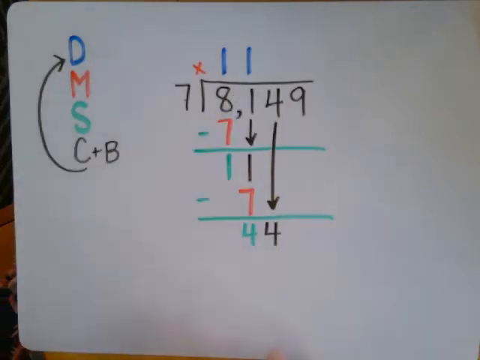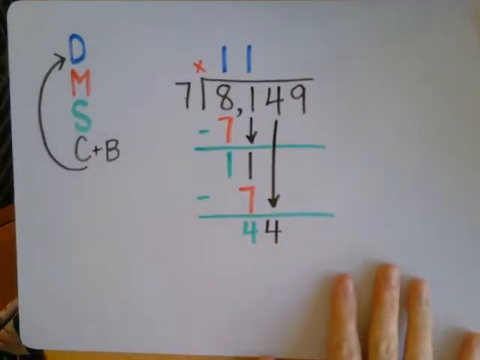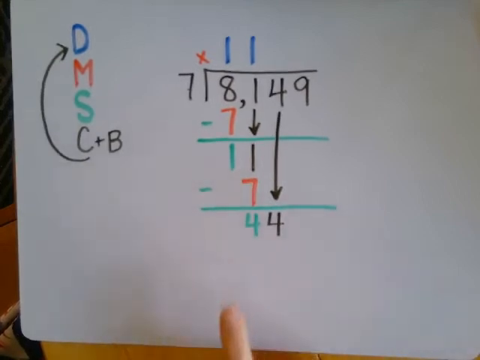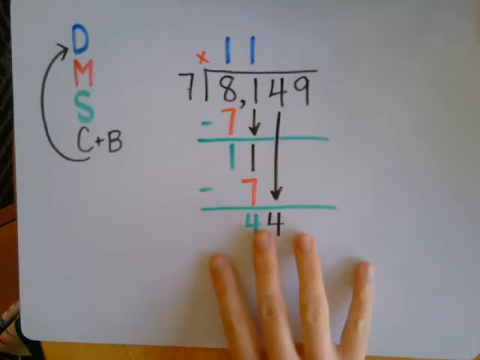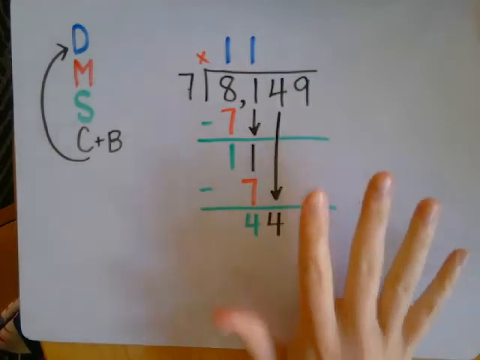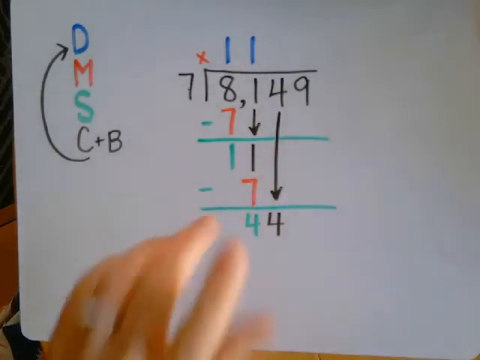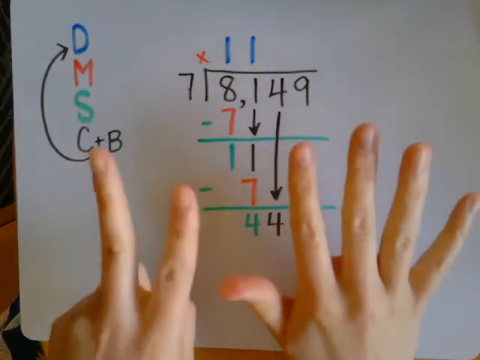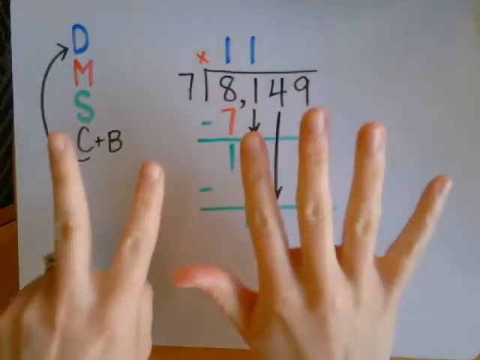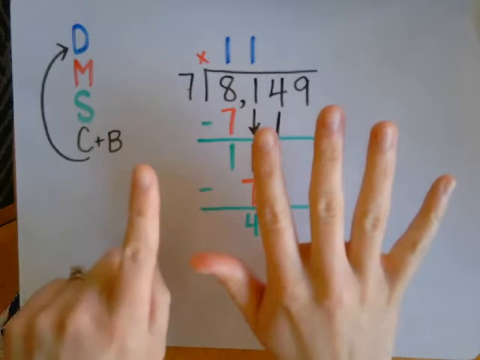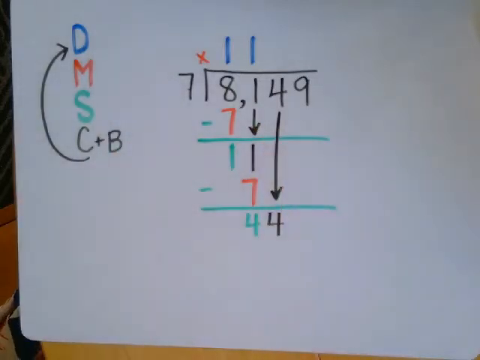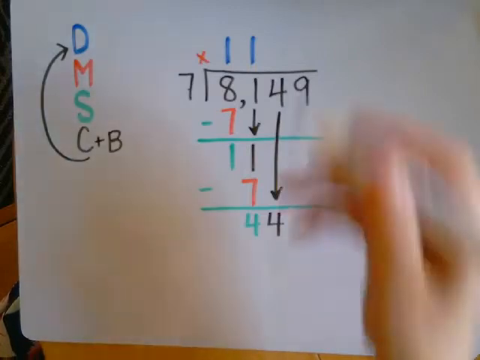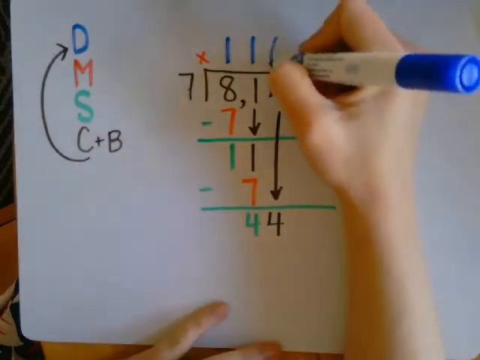So how many groups of 7 can I make out of 44? 7, 14, 21, 28, 35, 42, 49. So 7 groups would be too many. So I have to go back to 6 groups. 6 equal groups of 7 I can make out of 44. So that 6 goes right above here.